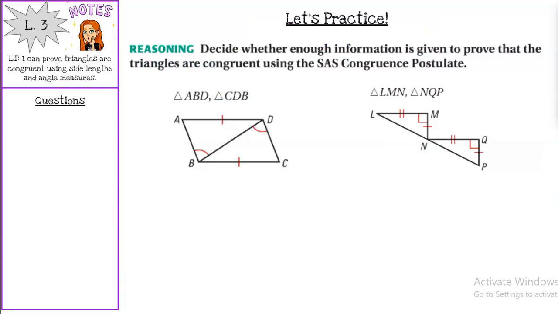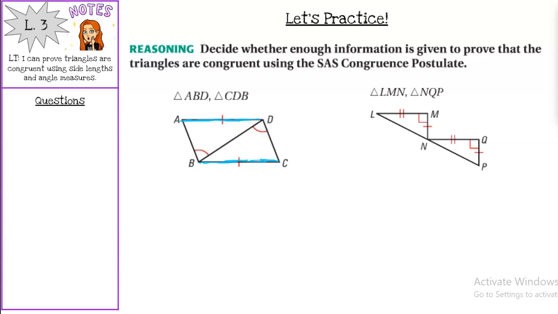Let's practice. Decide whether enough information is given to prove that the triangles are congruent using the side-angle-side congruence postulate. So we look at our two triangles here, ABD and CDB. We have a side here, and our angle is all the way over here.